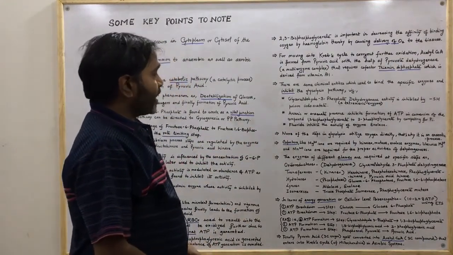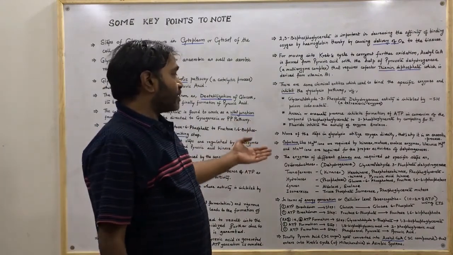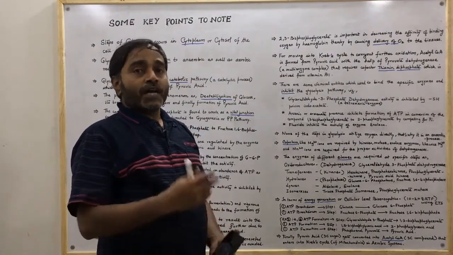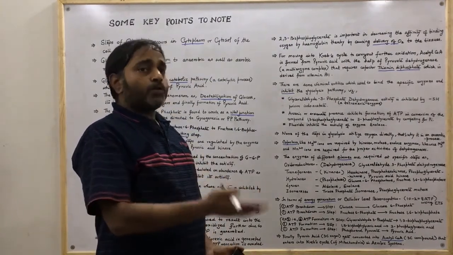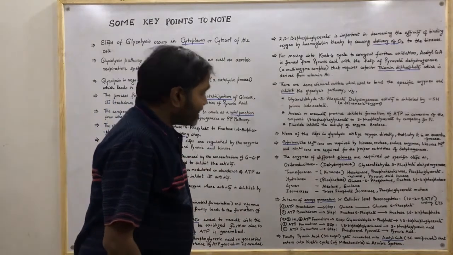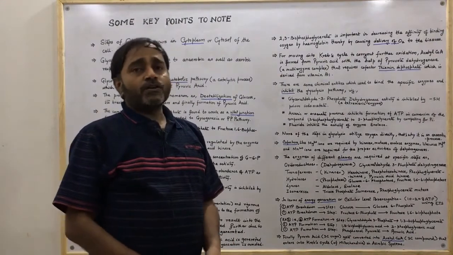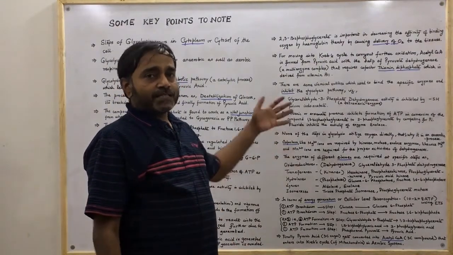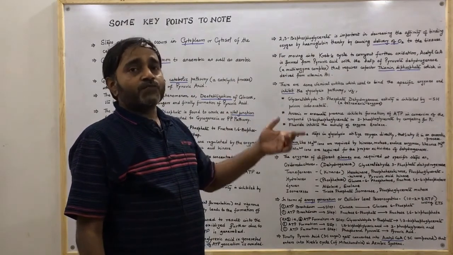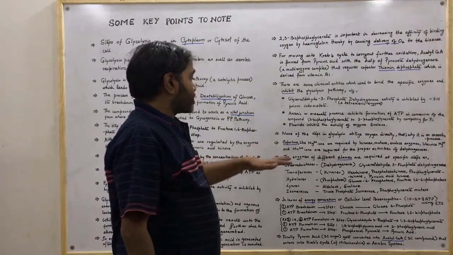And what is the other fact that I have written? Cofactors like magnesium ions are required by kinases. I already told you that cofactors like magnesium ion are required for the proper activity of kinases, mutase, enolase, etc. And likewise magnesium and manganese ions are required for the proper activity of dehydrogenases. We already have seen such enzymes in the different steps which are working for a specific need in the pathway. So we will see the next point.